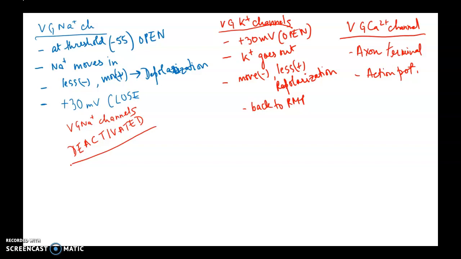Sodium channels open at negative 55, potassium channels open at positive 30. So they do not open and close together. Sodium opens first and closes first. When sodium closes, at positive 30 the potassium channels open and they close later. Okay, and we will see all these when we draw out the action potential graph.